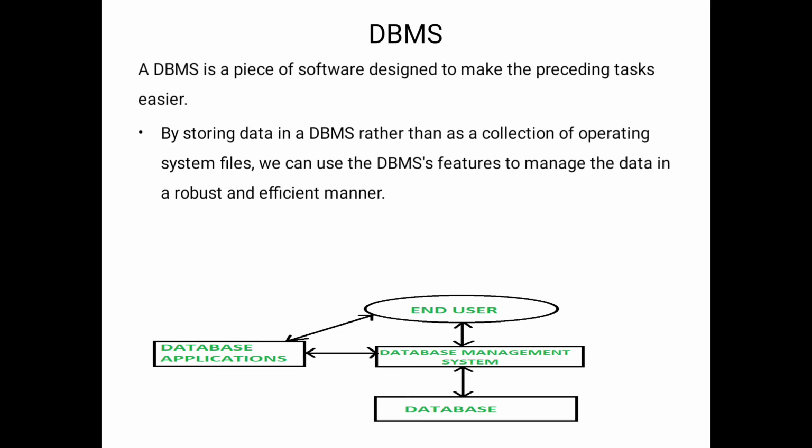So compared to the file systems, the DBMS is very great. At the time of storing, at the time of retrieving, and from a security point of view, by storing data in a DBMS rather than as a collection of operating system files, we can use the DBMS features to manage the data in a robust and efficient manner.